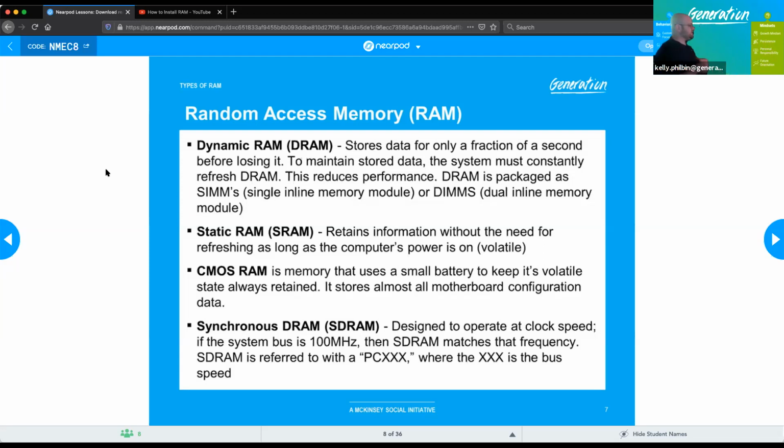And that PC number down at the bottom is typically the speed at which the RAM can operate. So, because it's mentioning the clock speed, who can tell me what sets the clock speed in the computer? Where does that come from? Quartz thing. There's a quartz crystal. Comes from the clock manager.